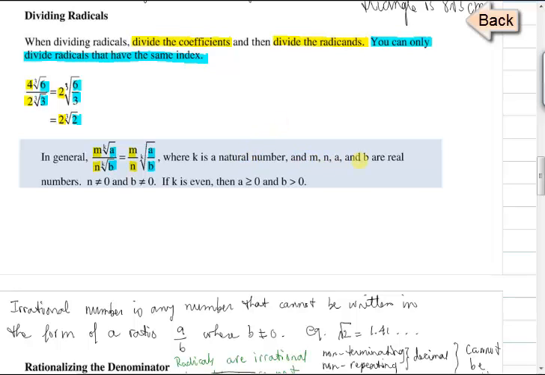And m, n, a, and b are real numbers. Now n can't be 0 because it's in the denominator, and we cannot divide by 0. And b can't be 0 because once again it is in the denominator and you cannot divide by 0.